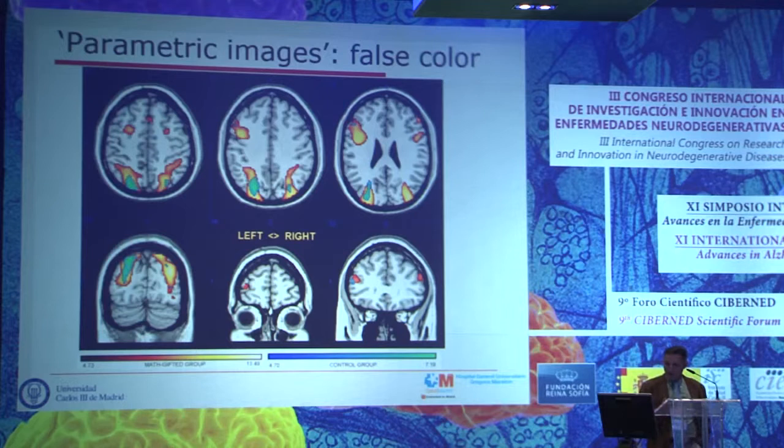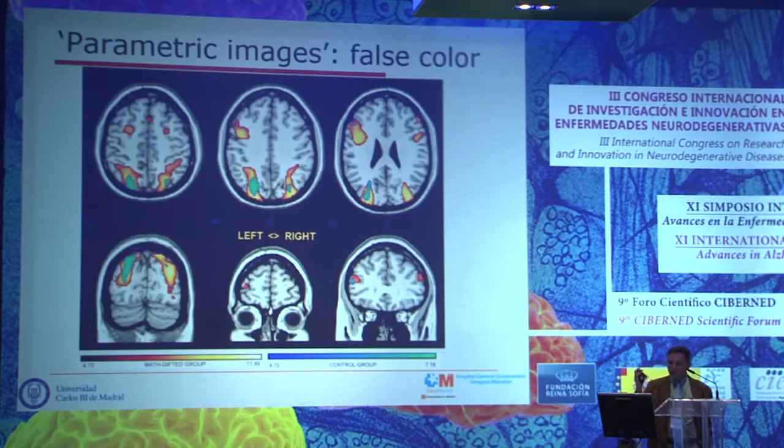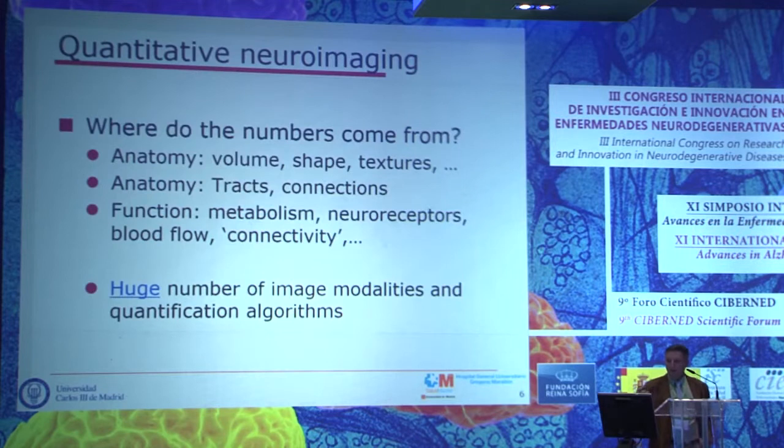The problem is that in order to obtain these colorful and funny images, we have to obtain some numbers, and this image is actually called a parametric image, so it means that we are mapping one parameter. That quantitative parameter may come from different things. If we are studying anatomy, for instance, maybe volumes, shapes, textures, or white matter properties, such as direction of the tracts or anisotropy.